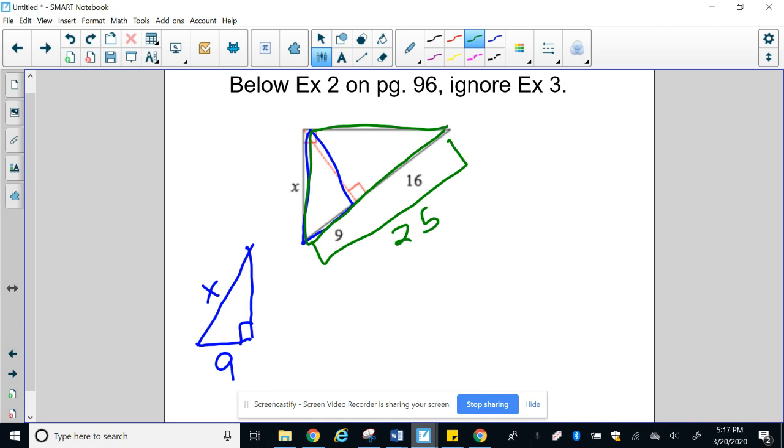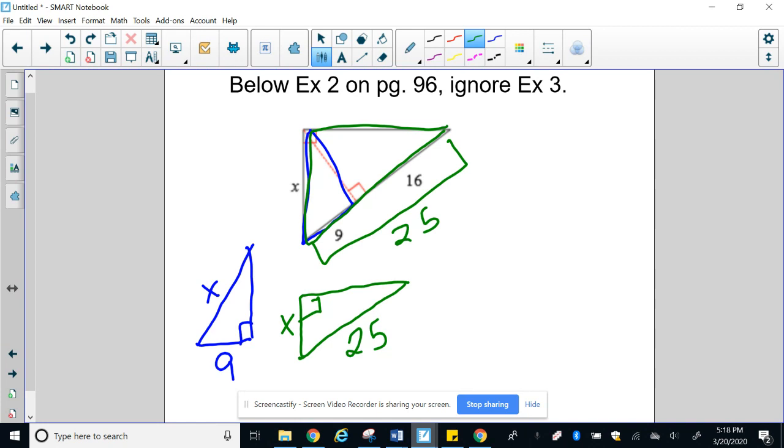So that'd be 25. So if we look, the shortest side has to be the x here versus our hypotenuse. The longest side is the 25. So I'm going to try to draw that to scale. This is my short side, longer side, hypotenuse. x, 25 was the hypotenuse.